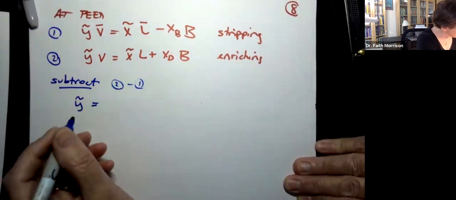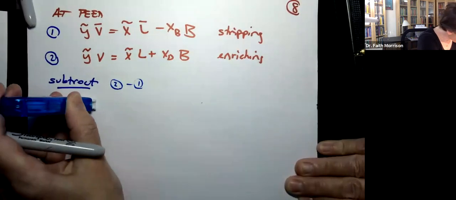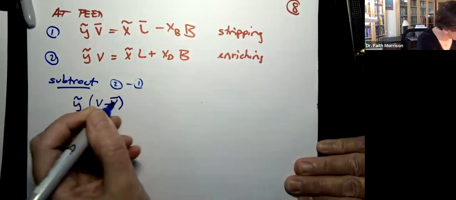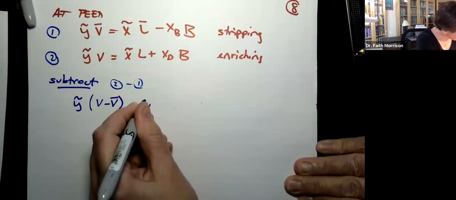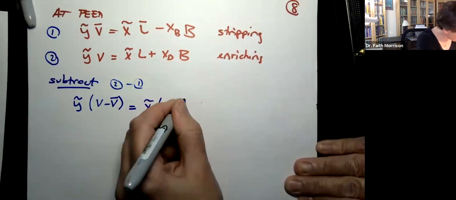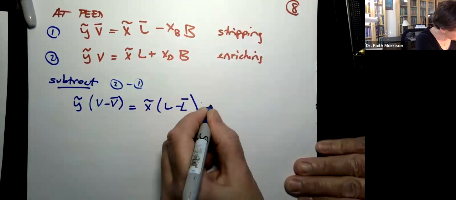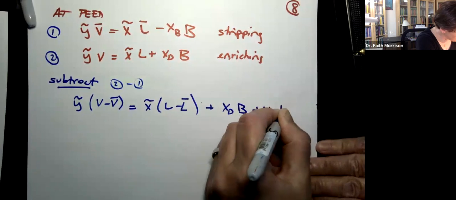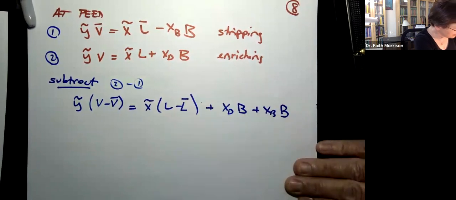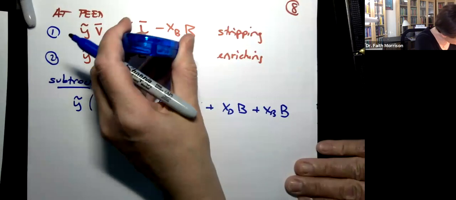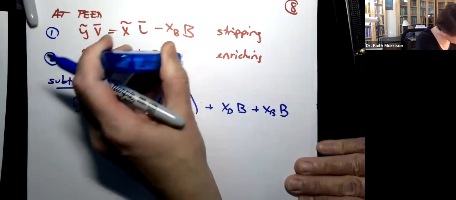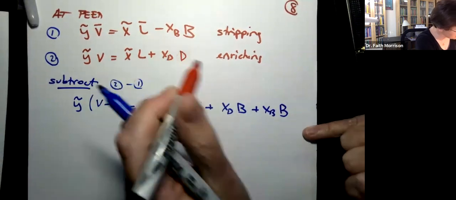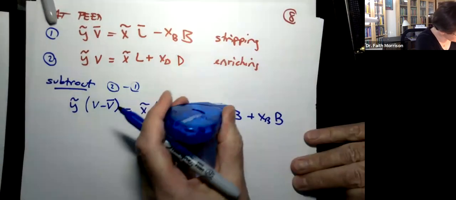All right. So y tilde times (V minus V bar) equals x tilde times (L minus L bar) plus XD D plus XB B. So, okay, this is a typo. This is a D. The D's have to match. And therefore this one is a D as well.